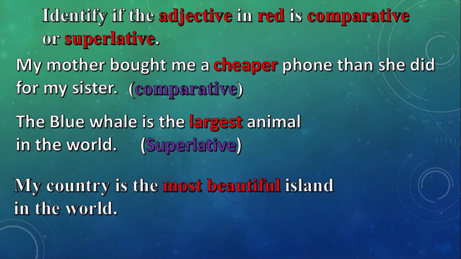Remember, you just need to write the C or the S so that you know and I know what we're dealing with. So let's see. Good. So this is another example of a superlative adjective. It's comparing your island to every other island there is in the world. And because of that major comparison, what you're doing is forming a superlative adjective. Good? Excellent.